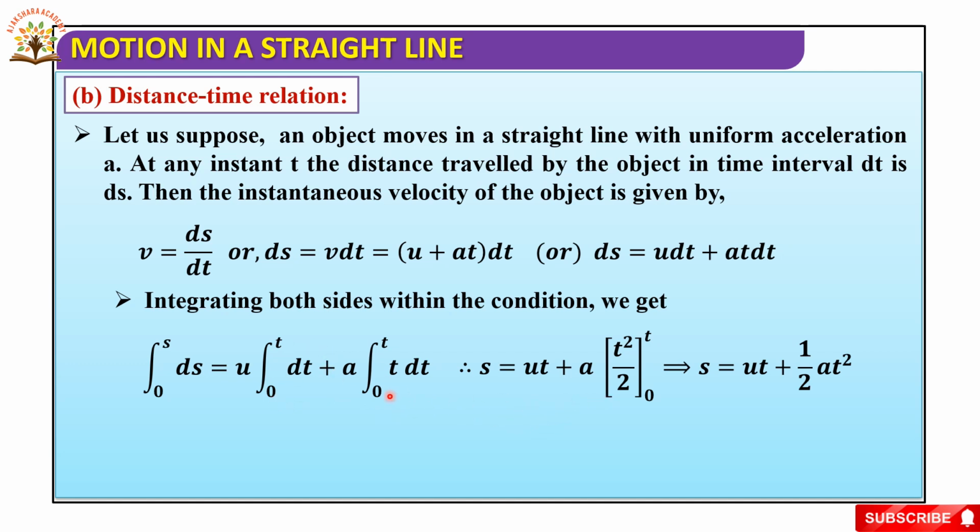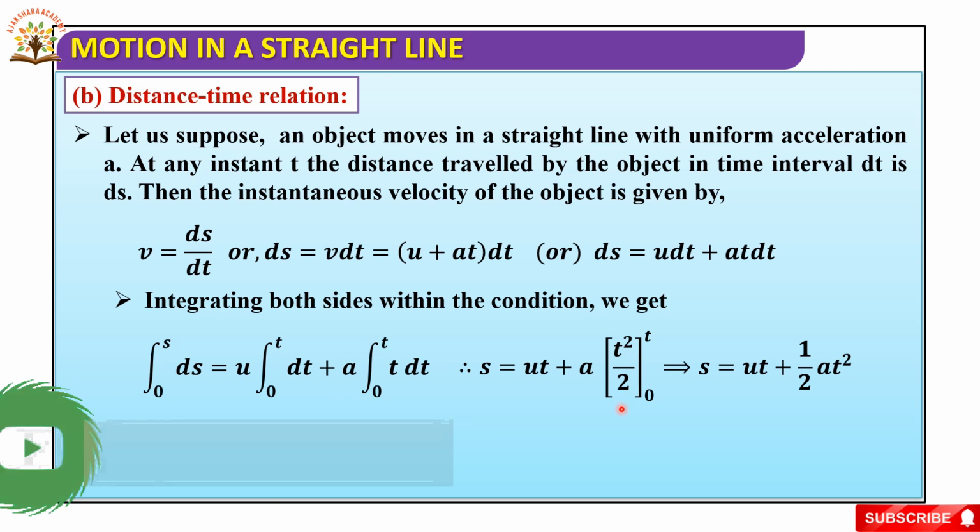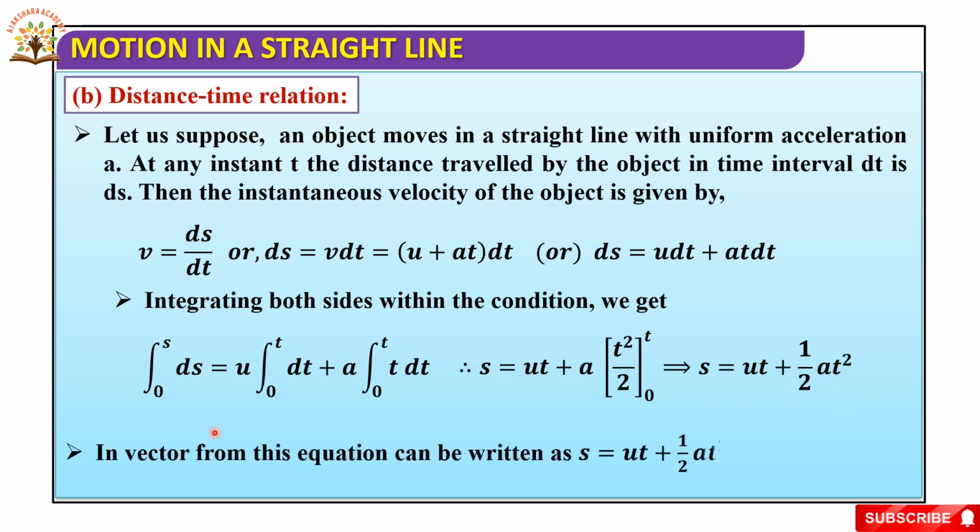Next, integration of x power n dx is x power n plus 1 by n plus 1. So t dt is t power 1 plus 1 by 1 plus 1, that is 2. So that is a into t square by 2, with limits 0 to t. So s is equal to ut plus 1 by 2 a t square. This is the second equation of motion. In vector form this equation can be written as s is equal to ut plus half a t square.